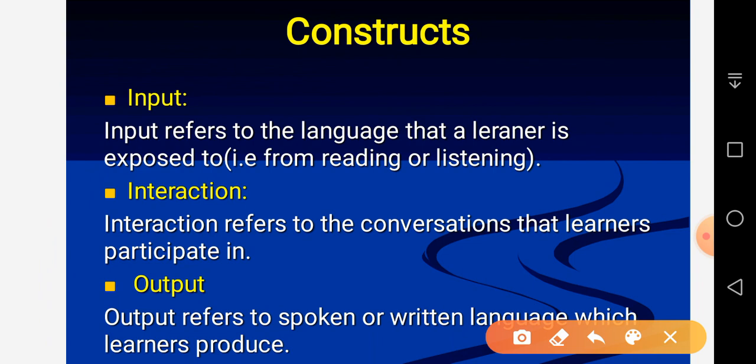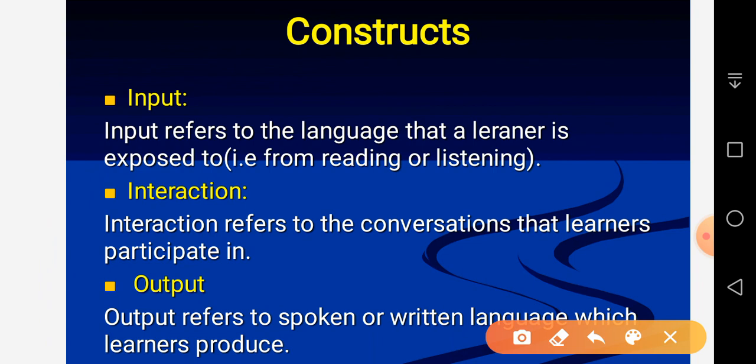So what is input? Input is very important in all the theories, be it innateness theory, behaviorism theory, or Dr. Stephen Krashen's monitor model theory, or this theory we are just talking about, interactionism theory. Input is very much important.